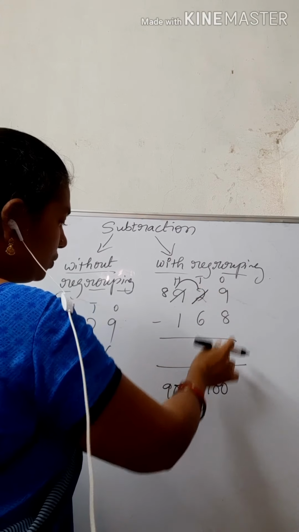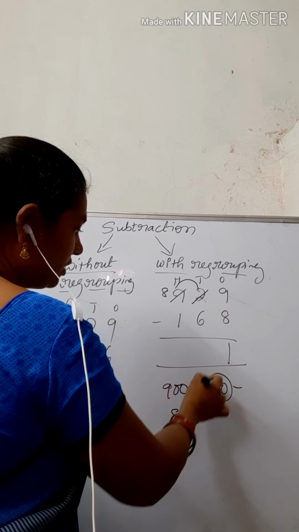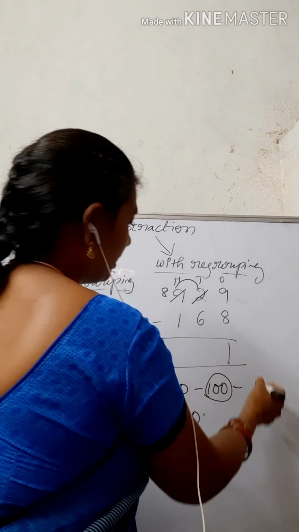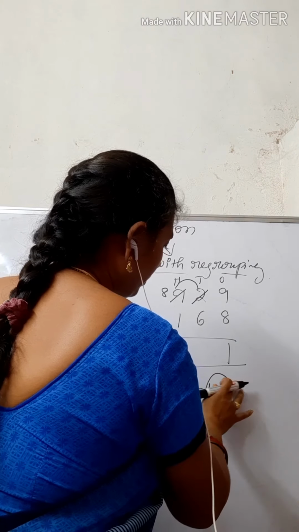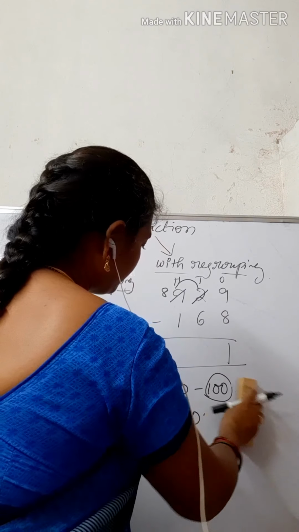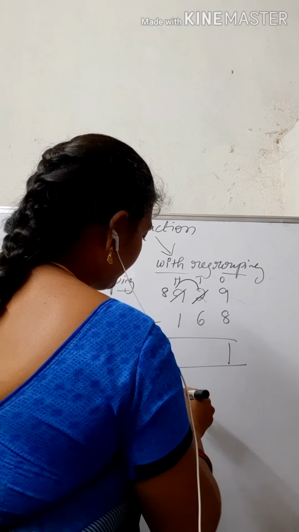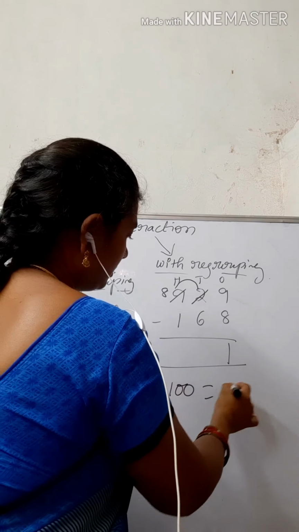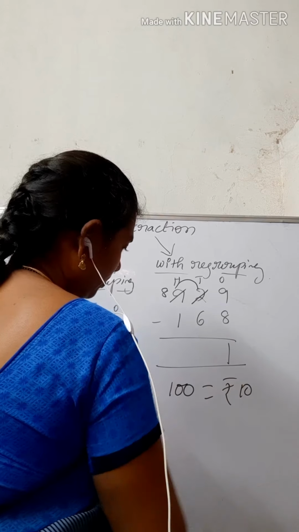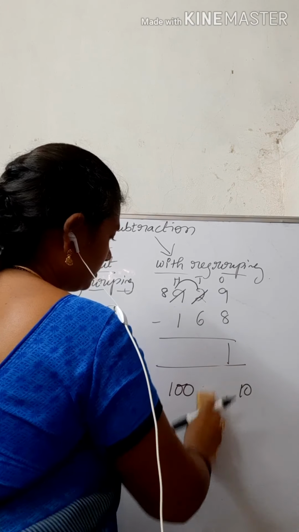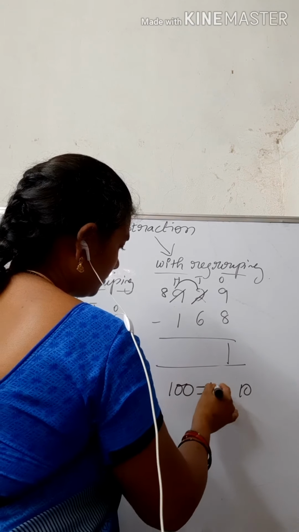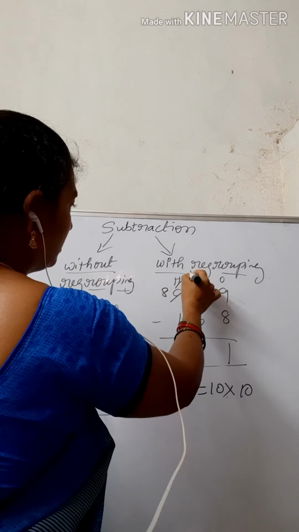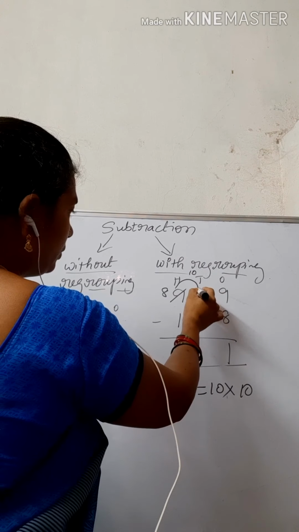Here 2 is there. This 100 we should not take as 100 only. We have to convert this 100 into 10 tens. 100 is equal to 10 tens. So that's why we got 10, and here already 2 tens are there.